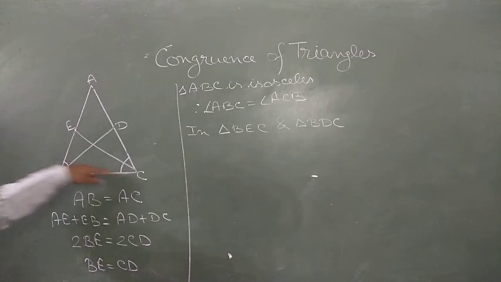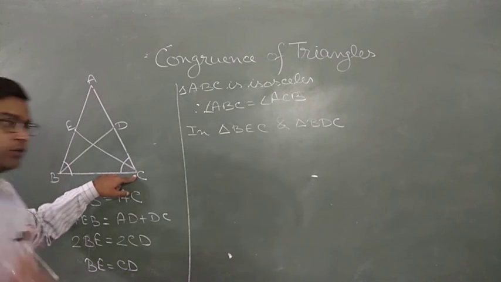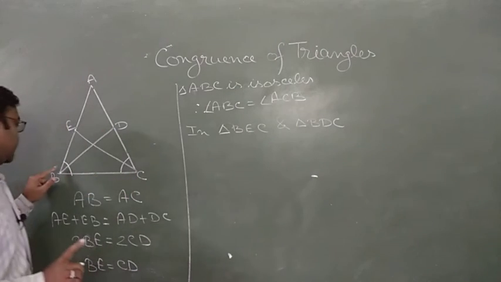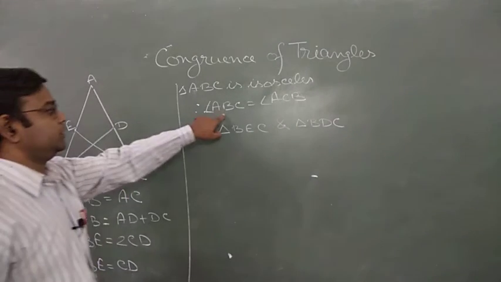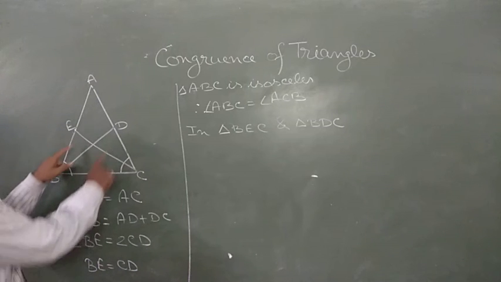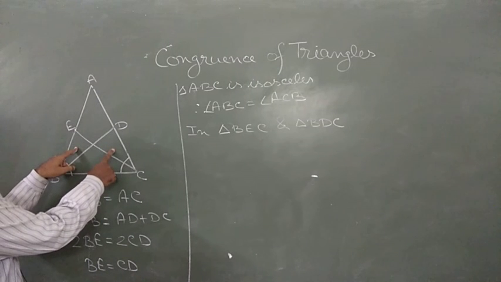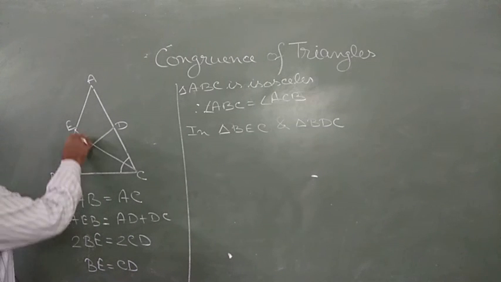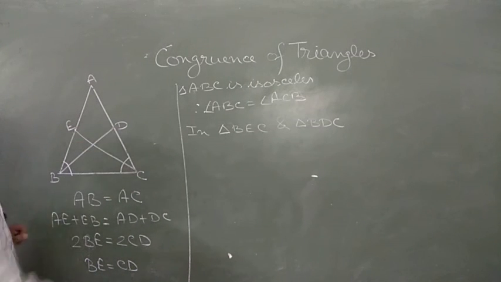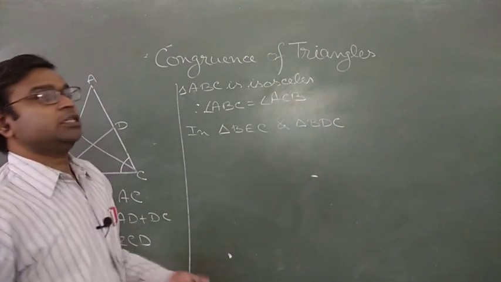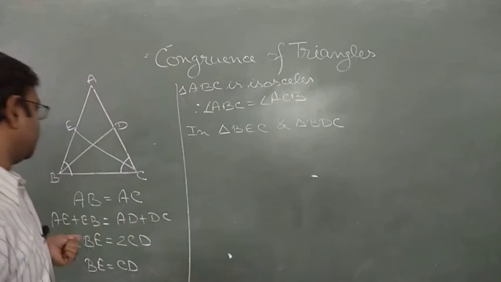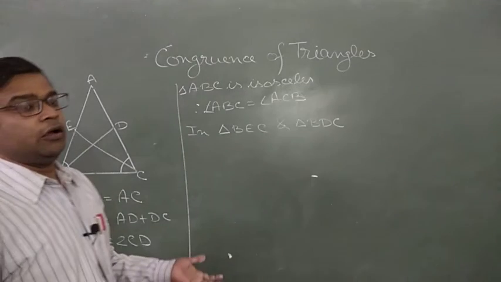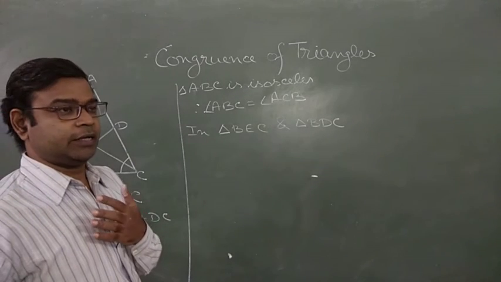Again, ABC is an isosceles triangle, as given in the question, so angle B and angle C are equal to each other. Now we are going to compare these two triangles. If these two triangles are congruent, then only we can say that these sides are equal by CPCT, congruent parts of congruent triangles.